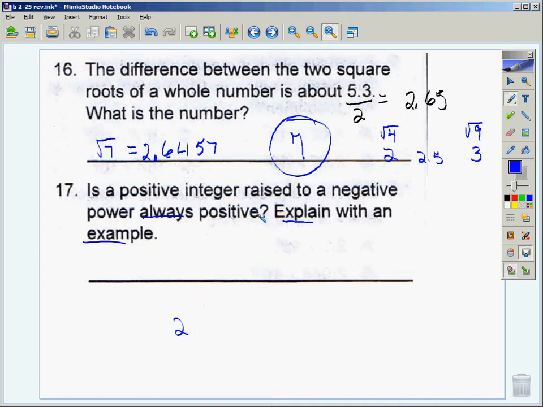I'm going to raise it to a negative power, negative 2. That would be the same as 1 over 2 squared, which is the same as 1 over 4. Is it always positive? Yes. It's always going to be positive. My explanation is in the example.